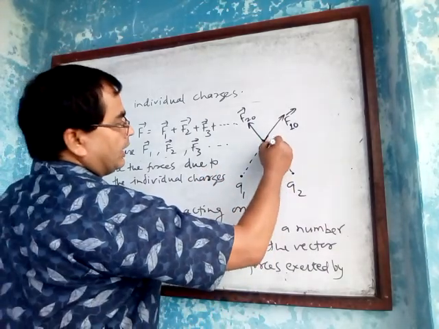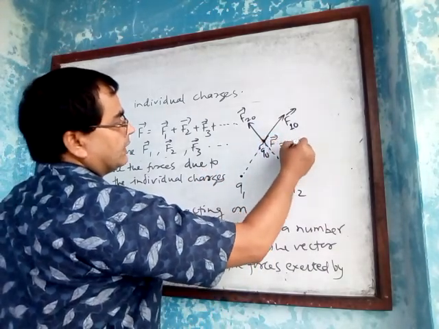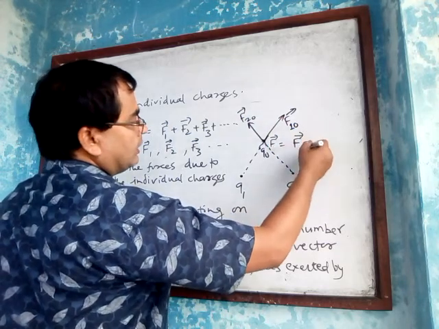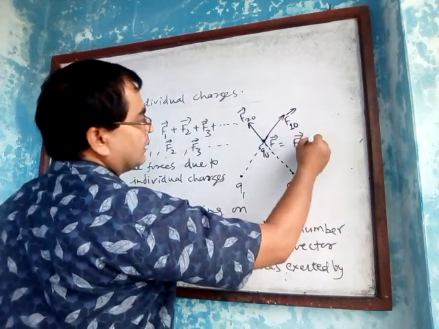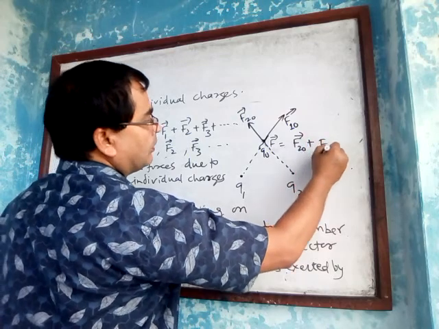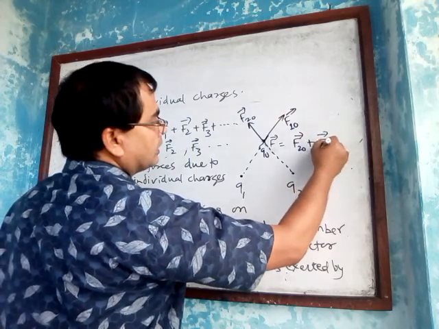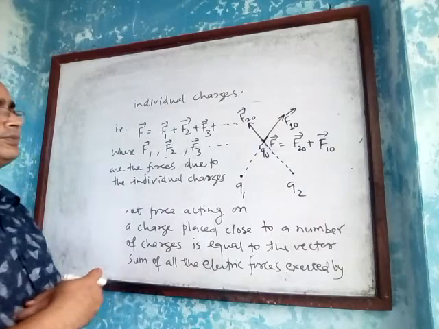Here, if we are going to find out the force, it is a vector sum, F20 plus F10. This. Okay?